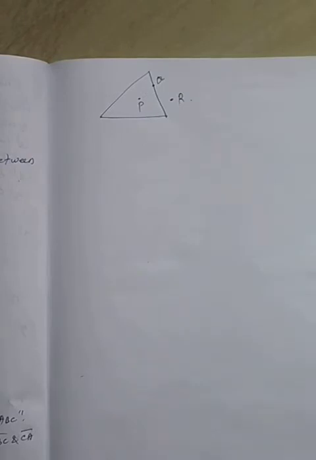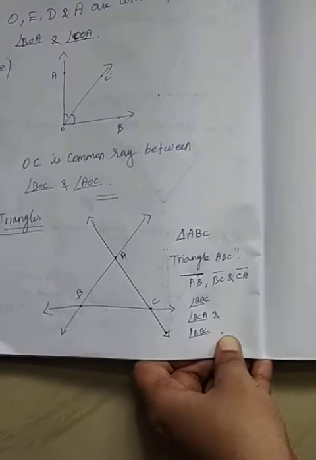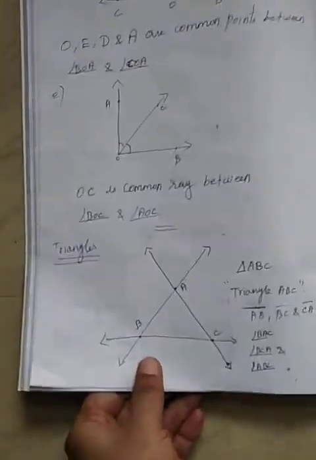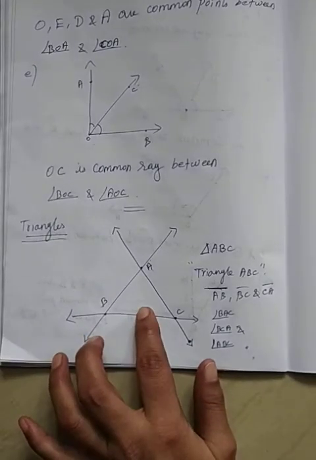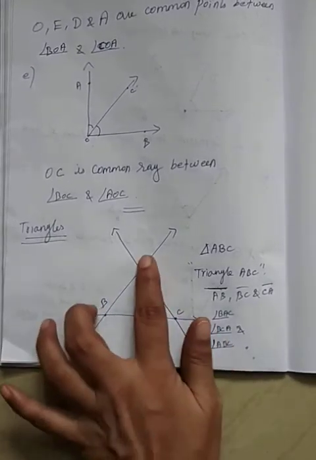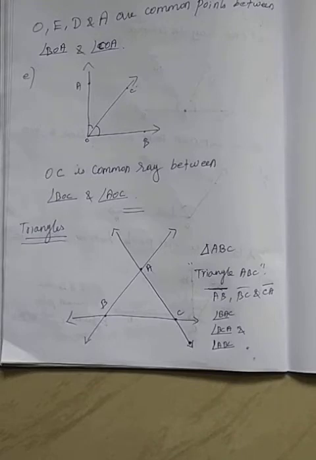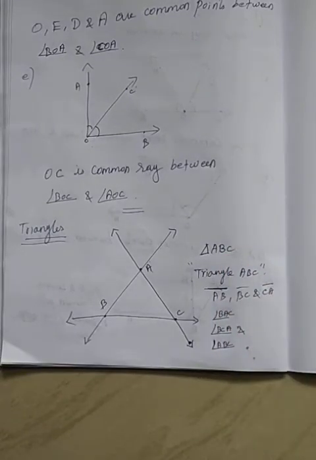Everybody clear? See, once again, this triangle concept. A triangle is a three-sided polygon. So in fact it is the polygon with the least number of sides. Look at the triangle. In the diagram we write the triangle ABC.